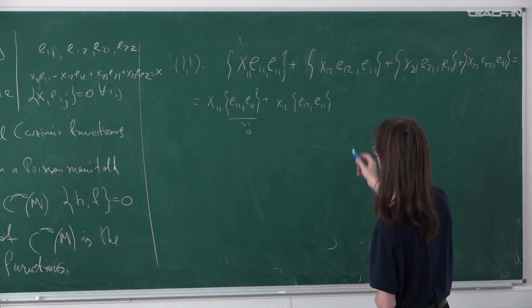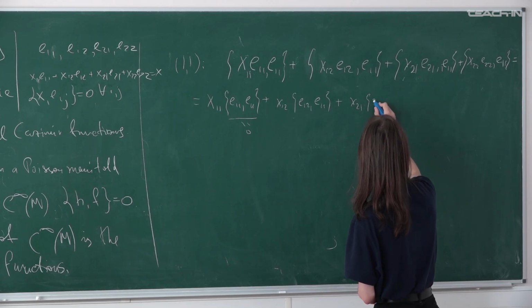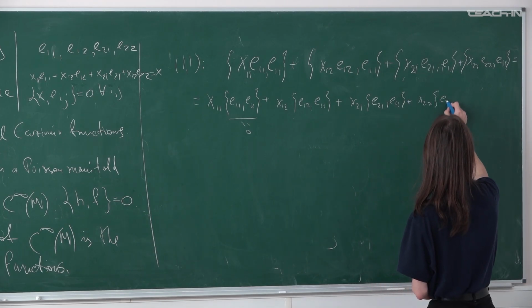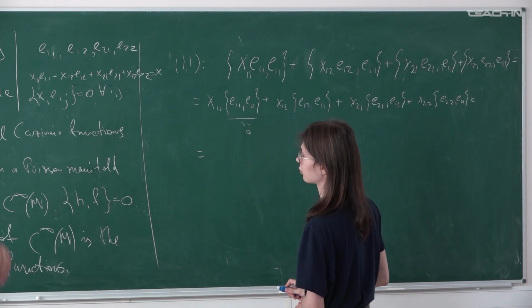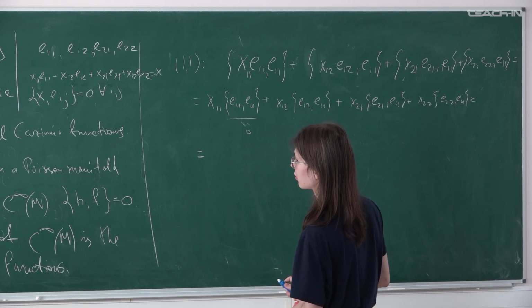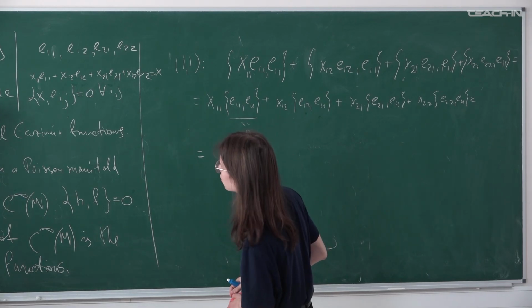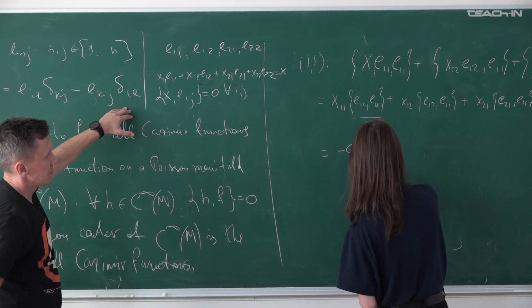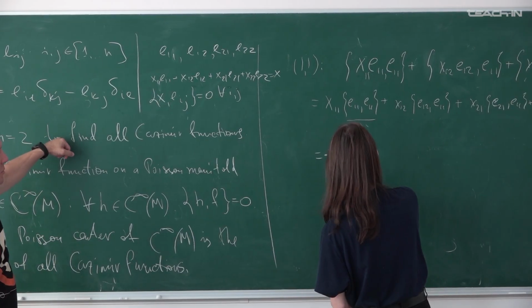So this gives minus E12, and minus x12 E12.